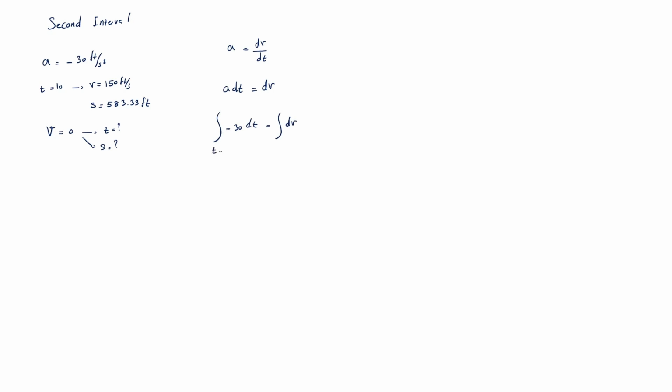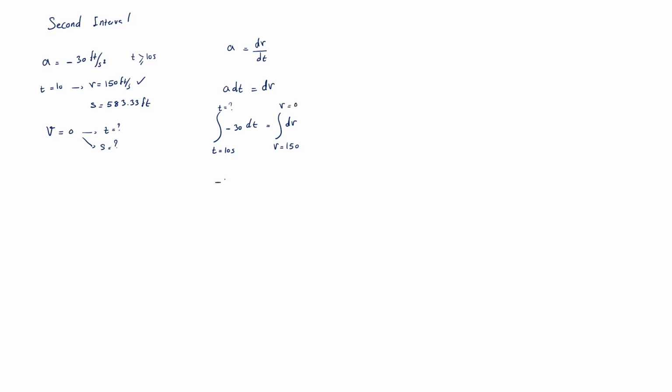When the time is 10 seconds, because this is related to the time bigger than 10 seconds, the velocity of the race car is 150. We have to find the time when the velocity of the car reaches 0.